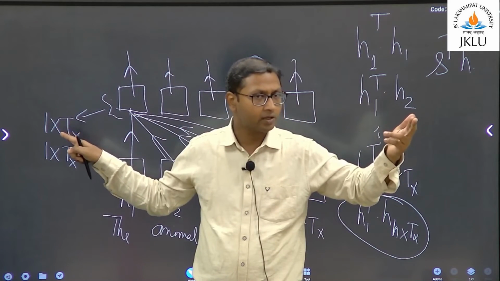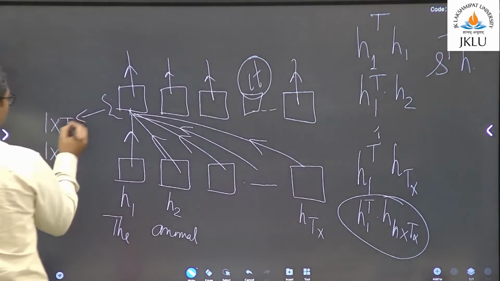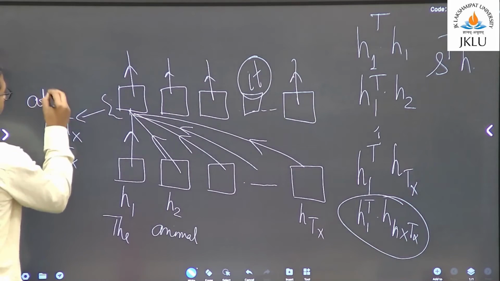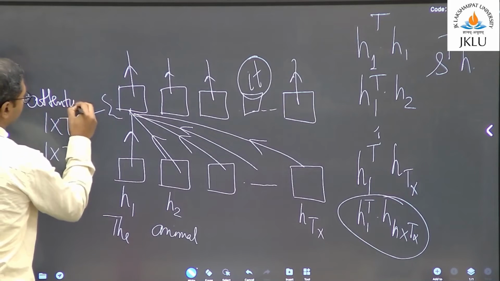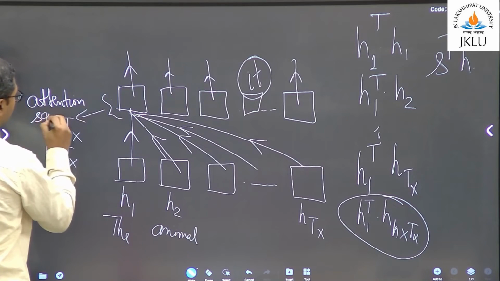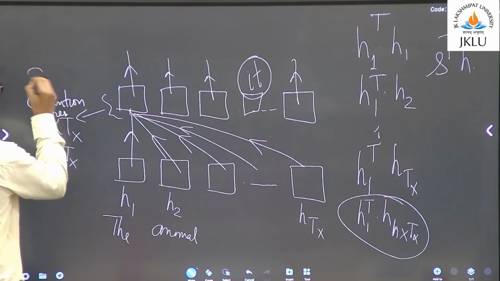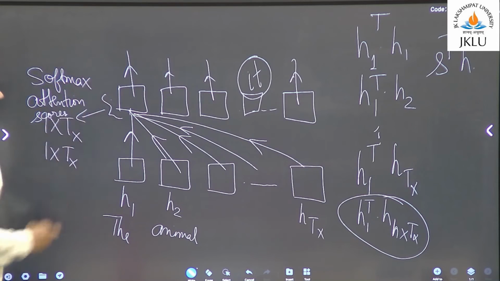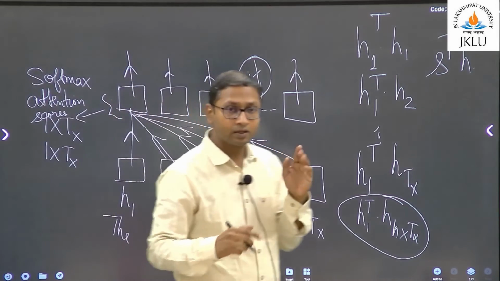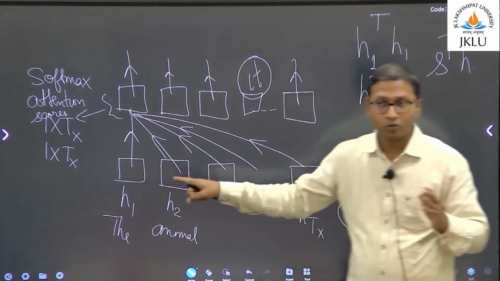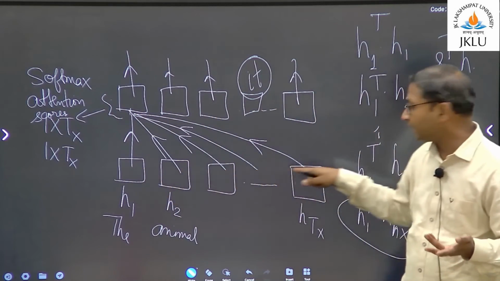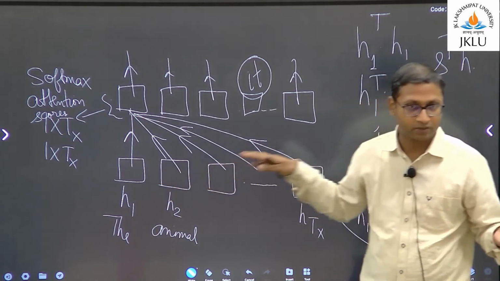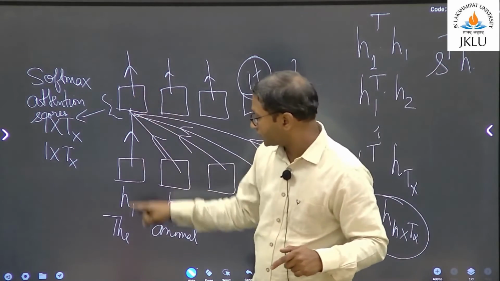Softmax. Okay. So basically these are my attention scores, and then I take softmax. So softmax gives me this distribution, whom should I give how much weightage, okay, for just this one.